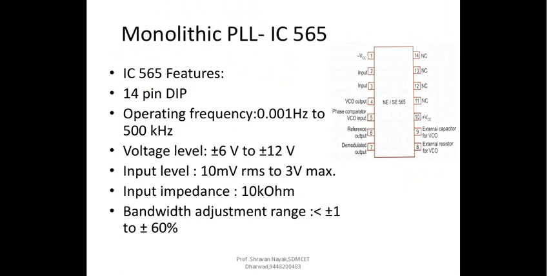Now, if you want to have all these things embedded in a single IC, that results in our PLL ICs. They are called monolithic ICs. So whenever you have all these components in the block of your PLL combined in a single IC, such ICs are called monolithic PLL ICs.